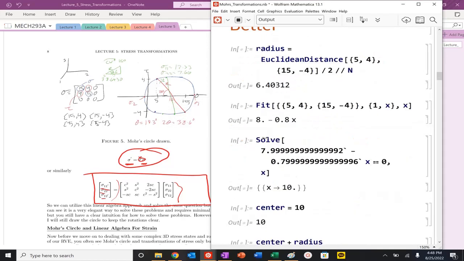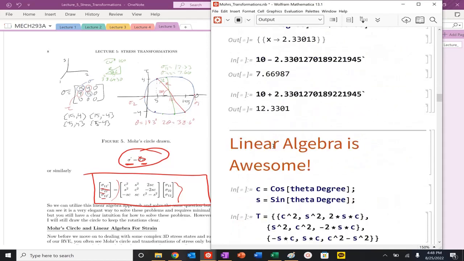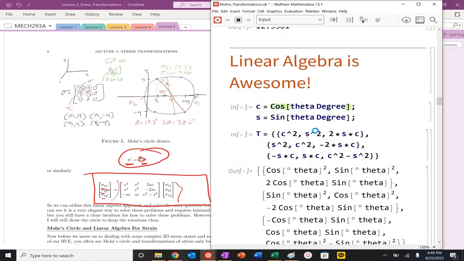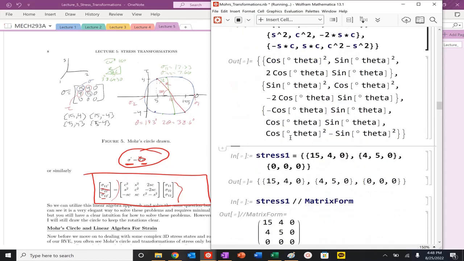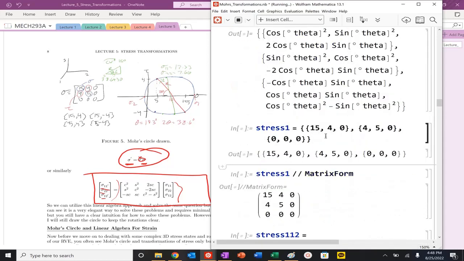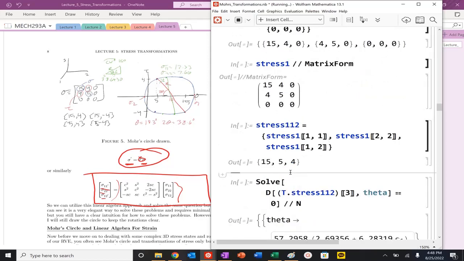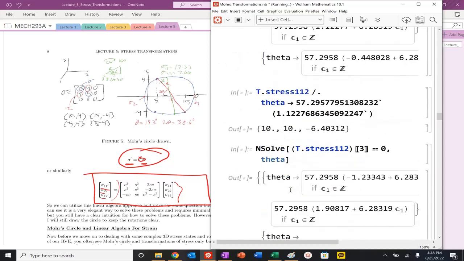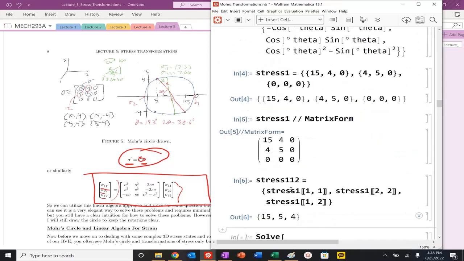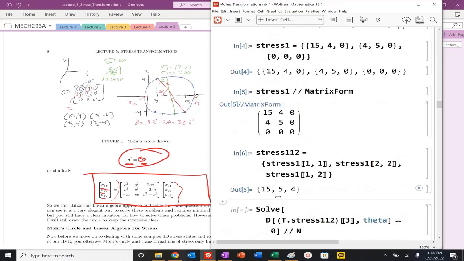I'm defining everything. This is my stress state, and then I'm going to put it in my notation of this 3 by 1 matrix. So how can I figure out where my principal stress state lies?